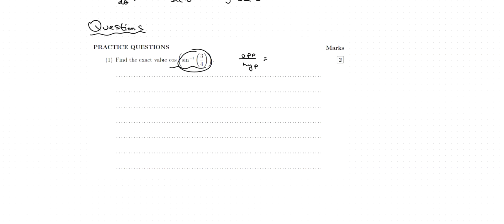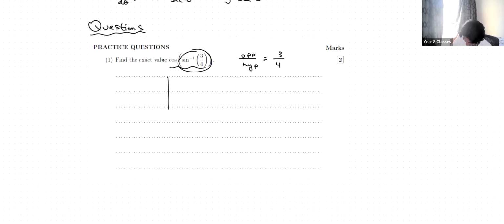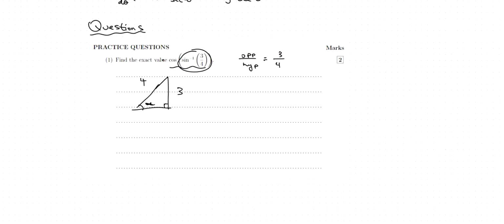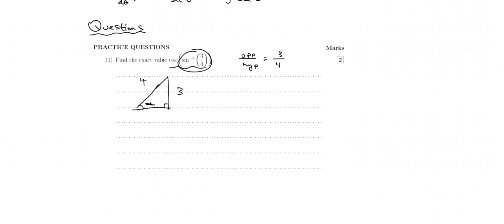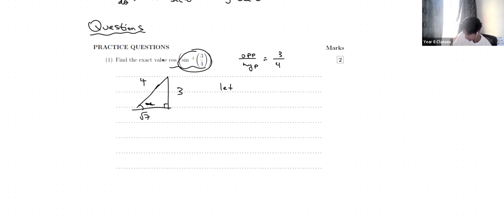So if you were to construct a triangle, let me draw, and pick an arbitrary angle, say this one, and we'll call it alpha for now, then this side is going to be 3, this side is going to be 4. What's this side going to be over here, the bottom side? 4 squared minus 3 squared. Which is going to be? Root 7. Yep. So just to write, let alpha equal sine inverse 3 on 4, because that's what I've done here.